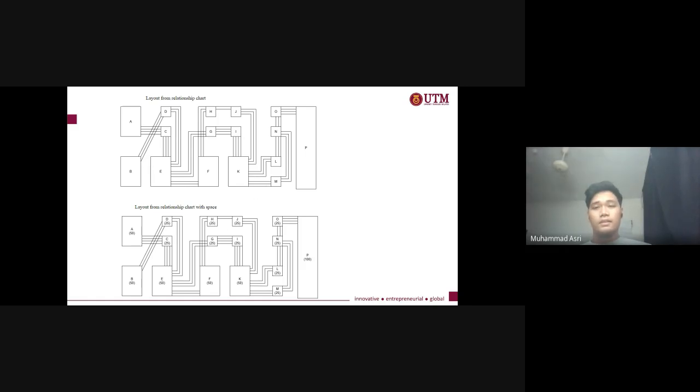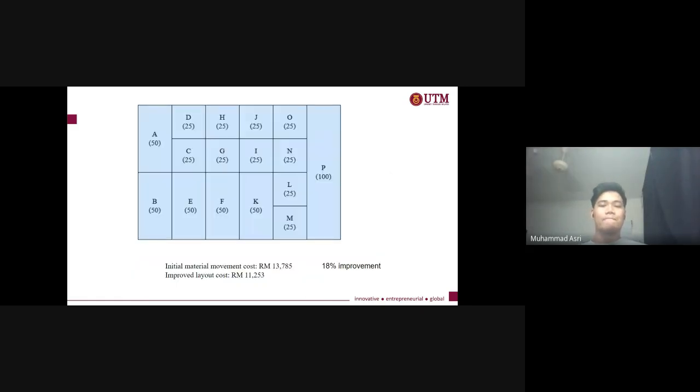You can see that 4 lines represent a relationship that is rated A, 3 lines represent a relationship rated E, and I is represented by 2 lines. And the bottom one is the layout relationship chart with space value. Next slide. So what we changed is G with H and J with I.